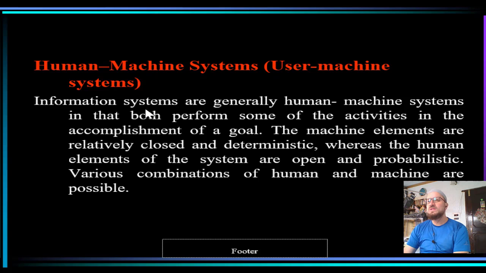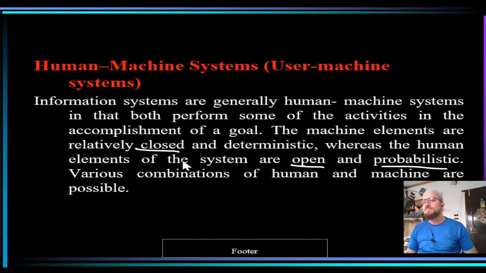So usually the information systems we talk about are human machine systems, where we have a human component and a machine component. If you talk about the human component, okay, they are open and they are probabilistic. But the machine elements are deterministic and closed, because machines cannot change on their own, but humans can tweak a bit, they can change as per the environment, they can change parameters, they can do different things.